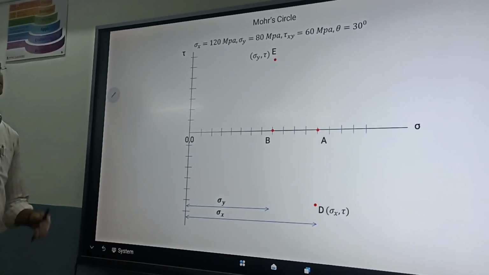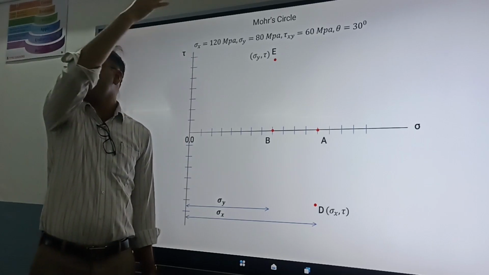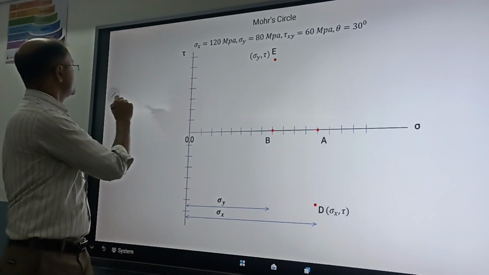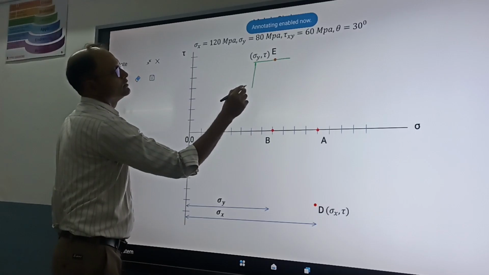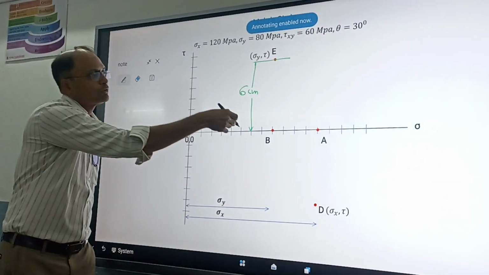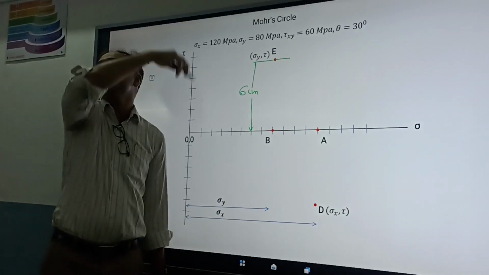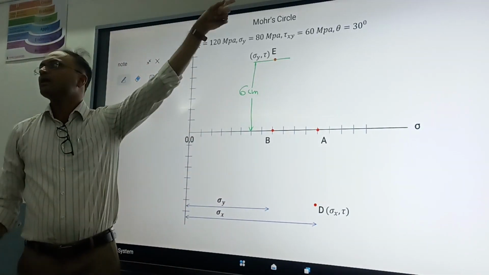Similarly, from point B also now we have to plot 6 centimeter up. From point B, vertically up. From A, vertically down. From B, vertically up.